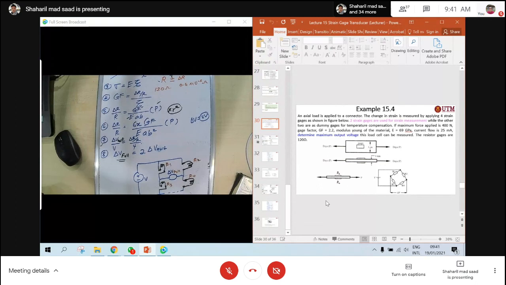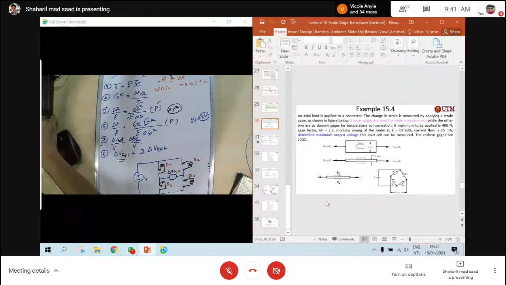That means full bridge. The other 2 are just dummy strain gauges for temperature compensation. If the maximum force applied is 400 Newton, gauge factor GF equal to 2.2, modulus Young equal to 69 giga pascal and current flow is 25 milliamp, determine the maximum output of the measurement. The resistor gauge is 120.